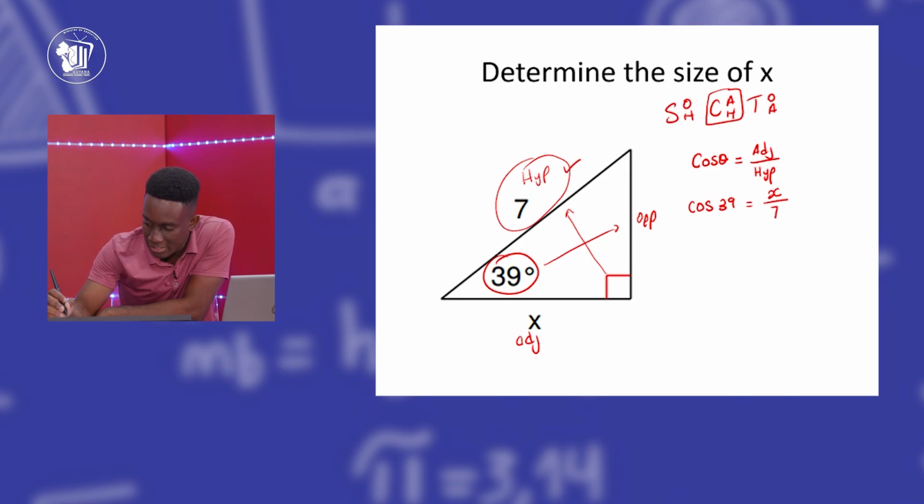So to solve for x, the 7 is dividing, and we take it over to multiply, we'll have 7 multiplied by cos 39 is equal to x. x will be equal to approximately 5.4, and that would be the value of x.